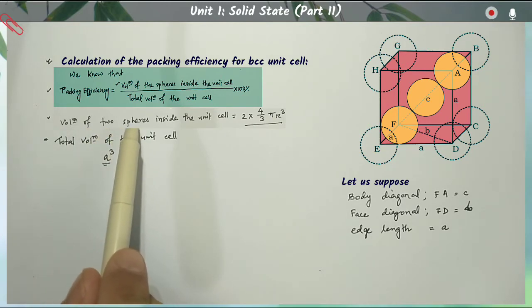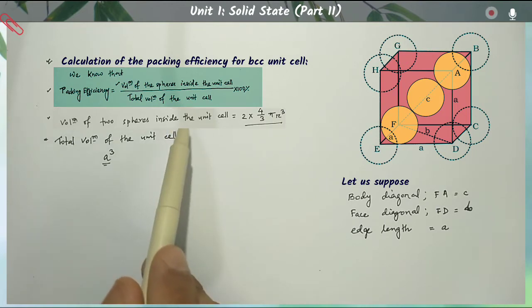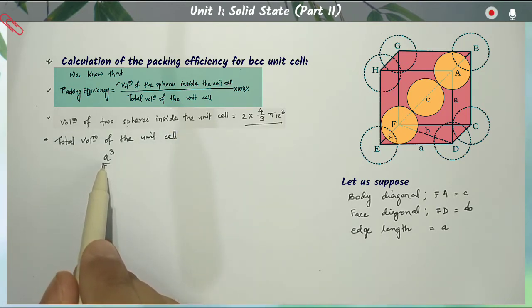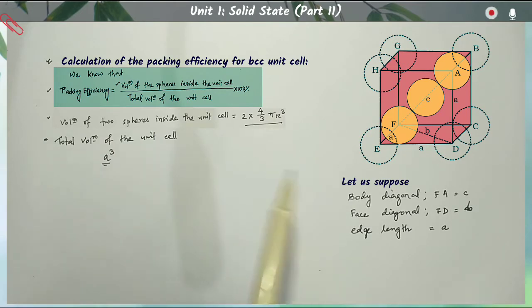But you see, the volume of the two spheres present inside that unit cell is in the form of small r. So we have to express this volume in terms of r, where r is the radius of the spheres.